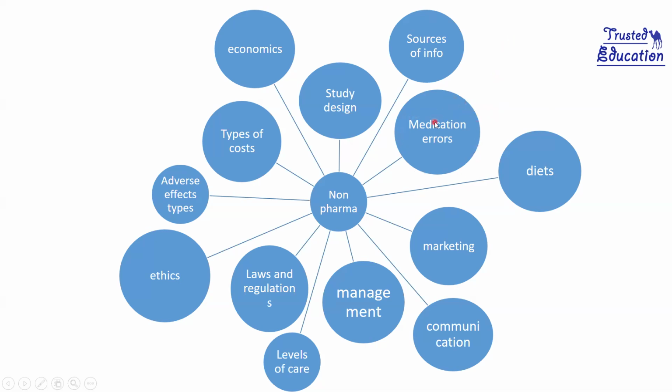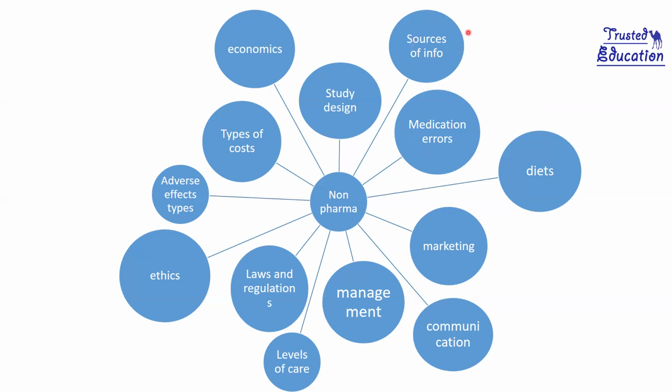The error may result from the pharmacist, which is called dispensing error. The pharmacist dispensed a wrong medicine, and there are many other types of errors. We can know them, so it helps in reporting the incidents.